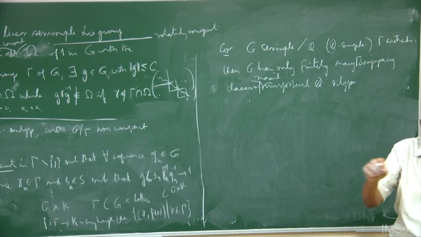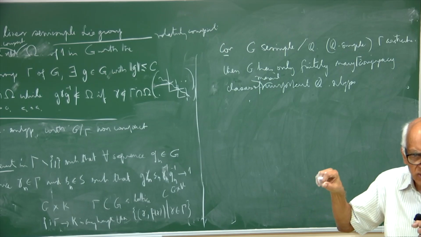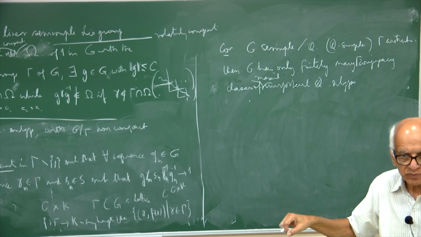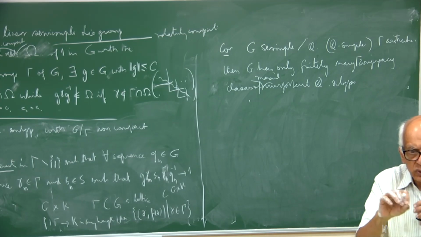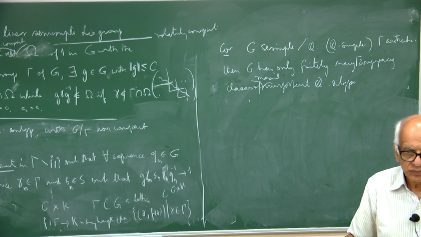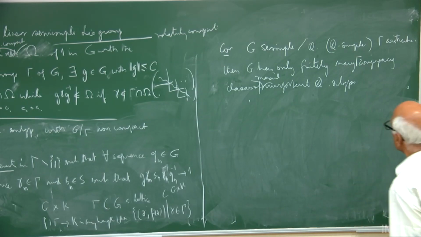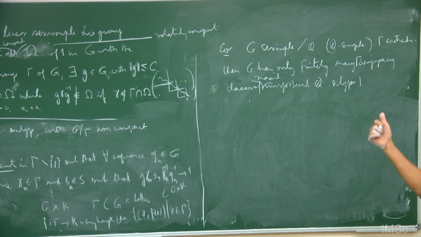Because if you take a Q point and project it to a compact factor, you will get a semi-simple element, and G(Q) sits diagonally. No element of G(Q) can project to a trivial element in any real factor. So it's automatic that G(R) has no compact factors.